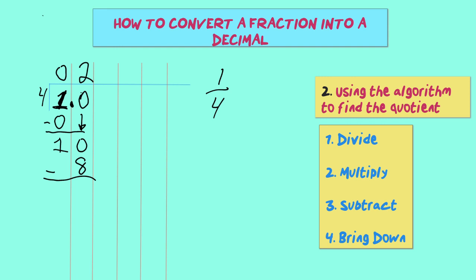This can help you to stay organized with your numbers and make sure that you come up with the correct quotient. Now we subtract 10 minus 8. 10 minus 8 is 2. 4 can't go into 2, so I need to put another 0 and bring that 0 down.